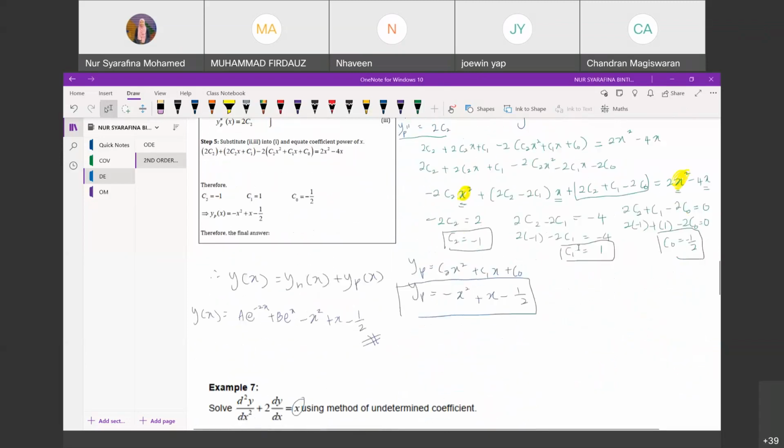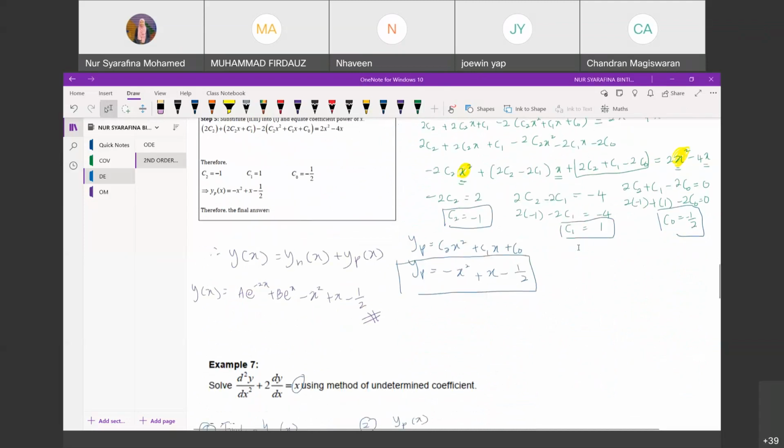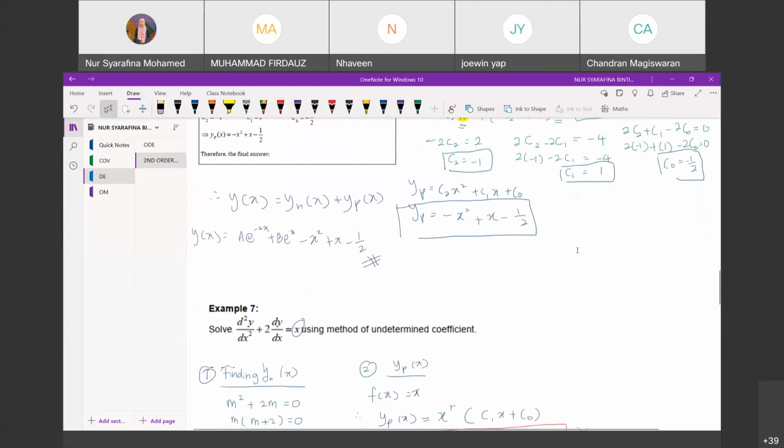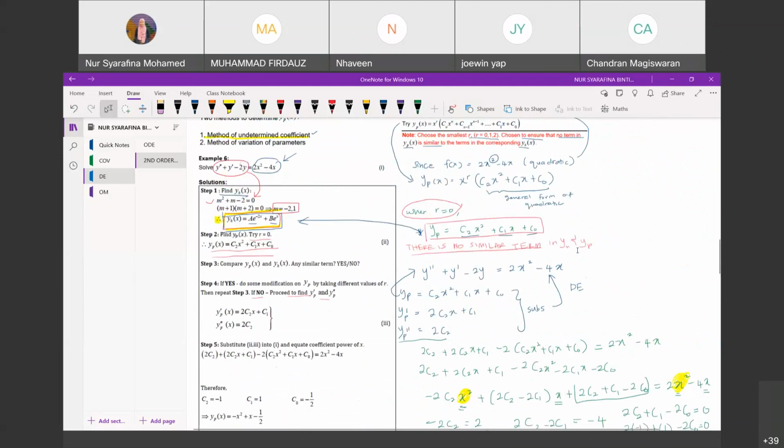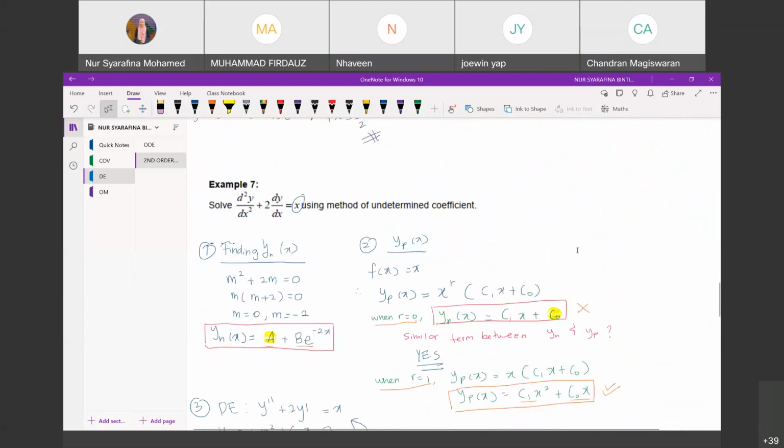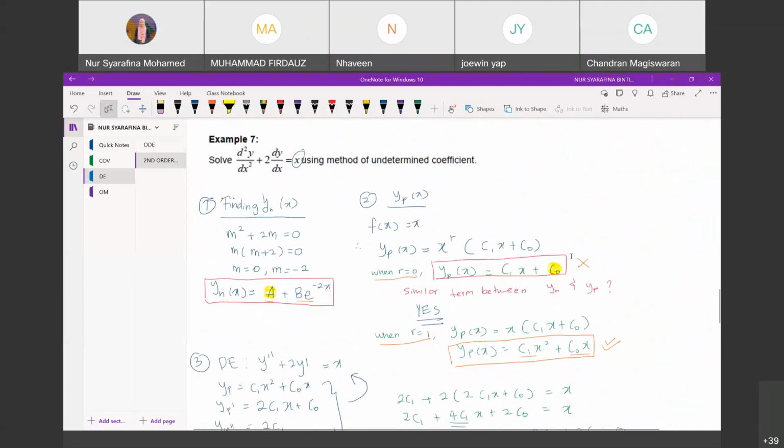Okay, now let's try the next example using the method of undetermined coefficients. This is where there is a similar term in YH and YP. So first, of course, you need to find YH by changing to the characteristic equation, solve for m, identify the types of roots, and this is the solution for YH.